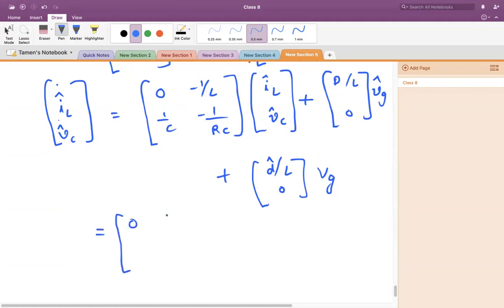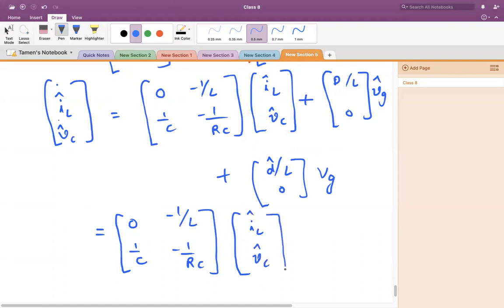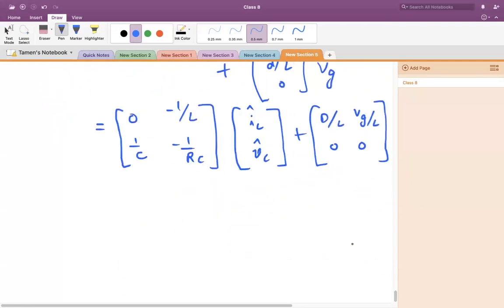We take the variations d by L, then Vg by L, 0, 0. In terms of matrix, we are taking it as Vg hat and d hat. So this is our final equation.